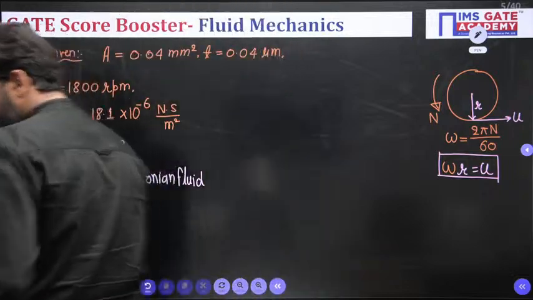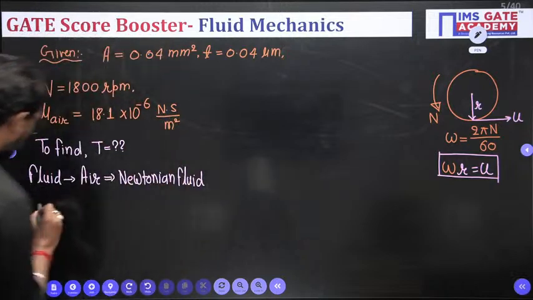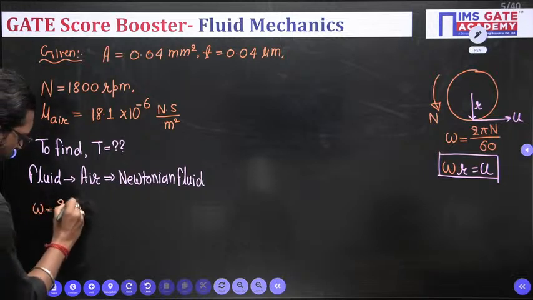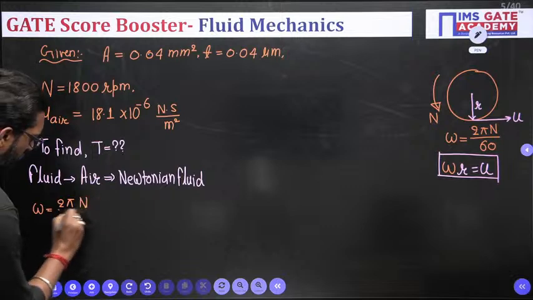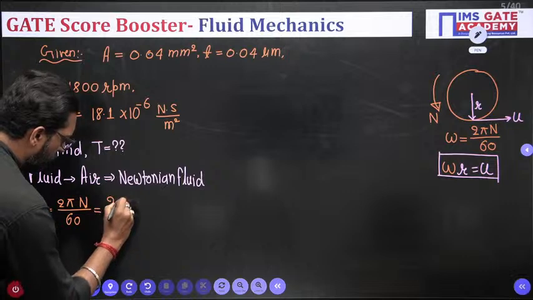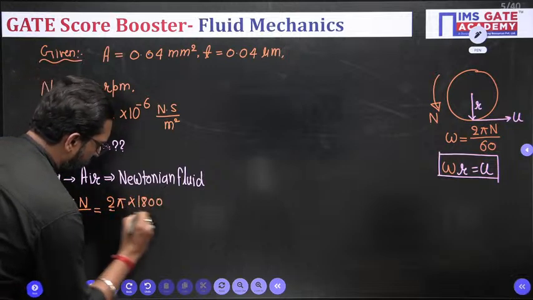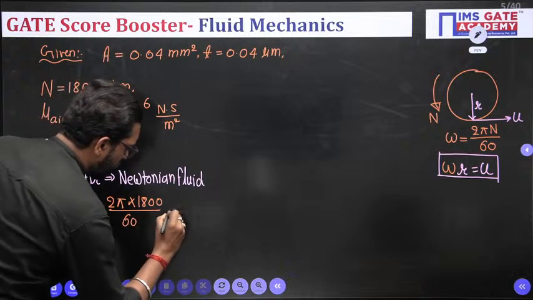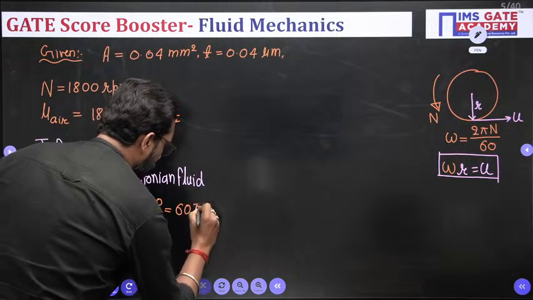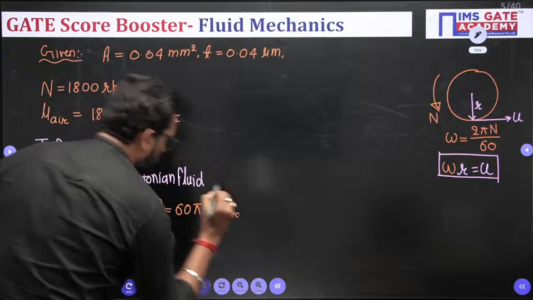So we have to find the omega value. Omega is 2 pi n upon 60. If you put the value, 2 pi into 1800 divided by 60, it is approximately 60 pi radian per second.